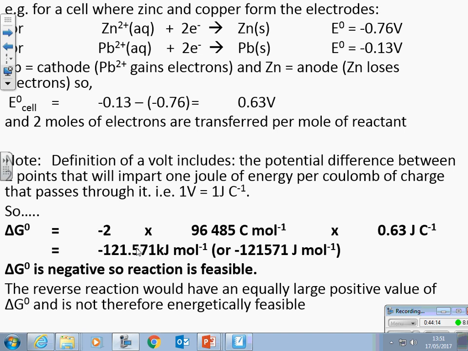So you'd have the same number, delta G, but it'd be a positive number. So it wouldn't happen. And so it's not a feasible reaction for this to go the other way. So it's feasible for zinc to become zinc ions and lead ions to become lead, but not the other way round if you put the two together.